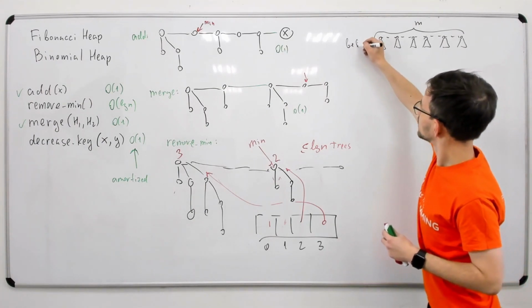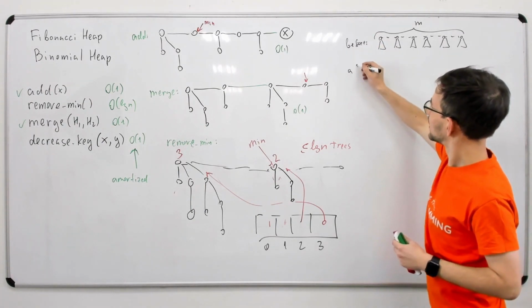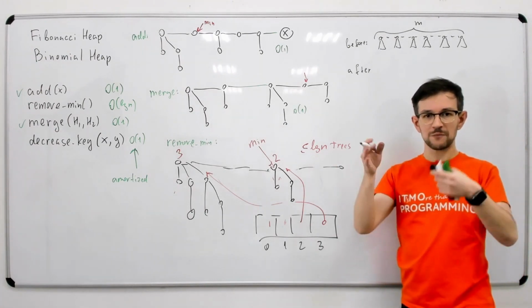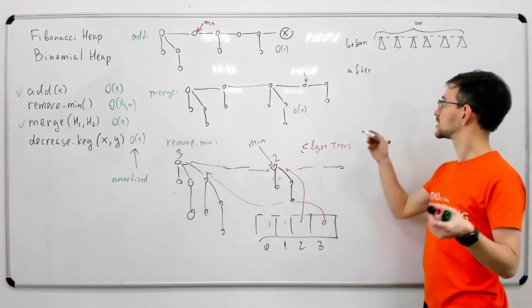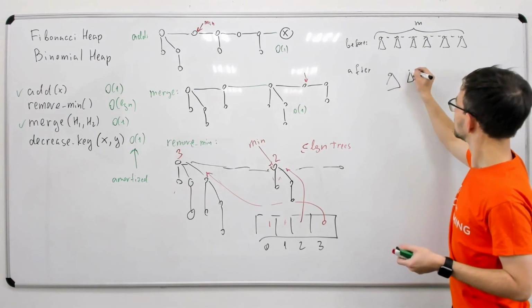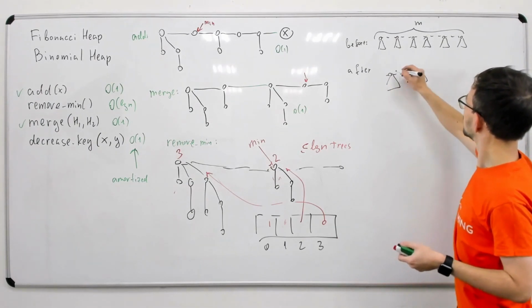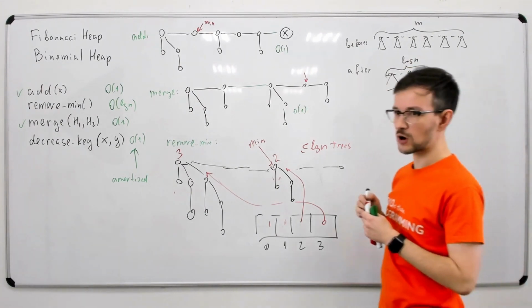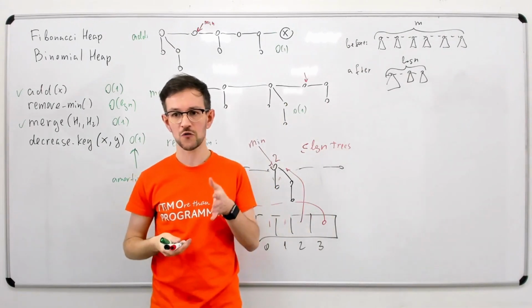This is before. So what happens after you clean up all the trees and make all trees have different ranks? You'll have some small number of trees. You will have log n trees in your Fibonacci heap.